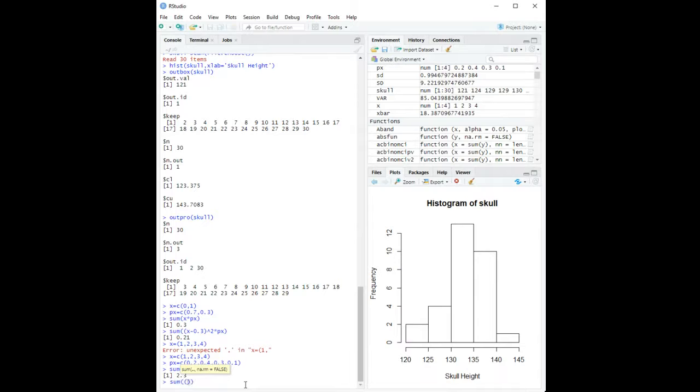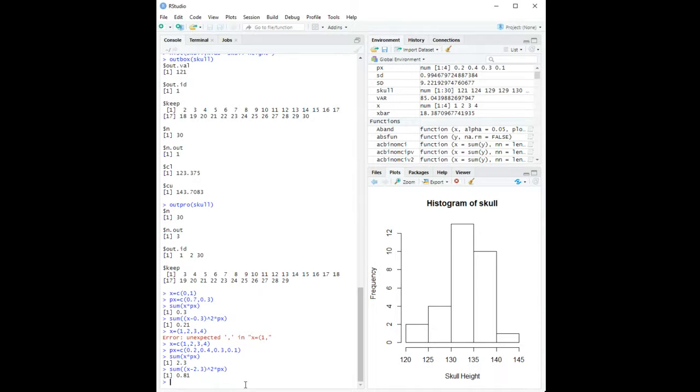Sum, again, we're going to take that x minus that 2.3, raised to the second power, times the probabilities, px.